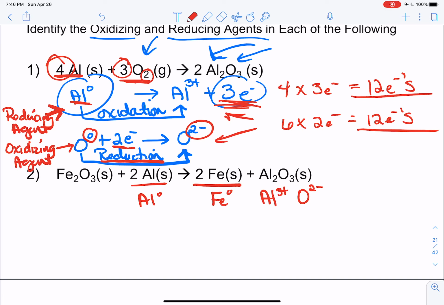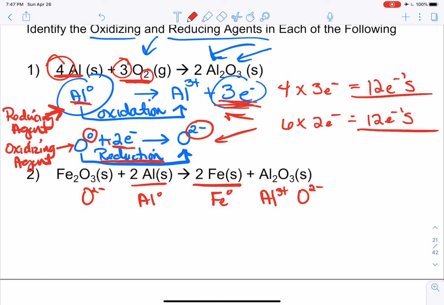But again, in redox, we just look at each individual atom or ion. So over here, again, we have oxygens that are minus 2 because oxygens usually do minus 2. And if you got 3 of them, that's -6 altogether.